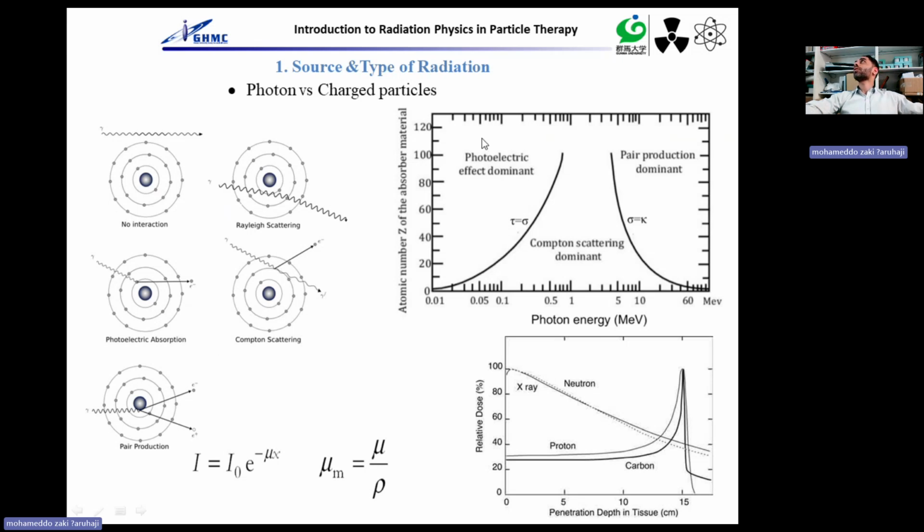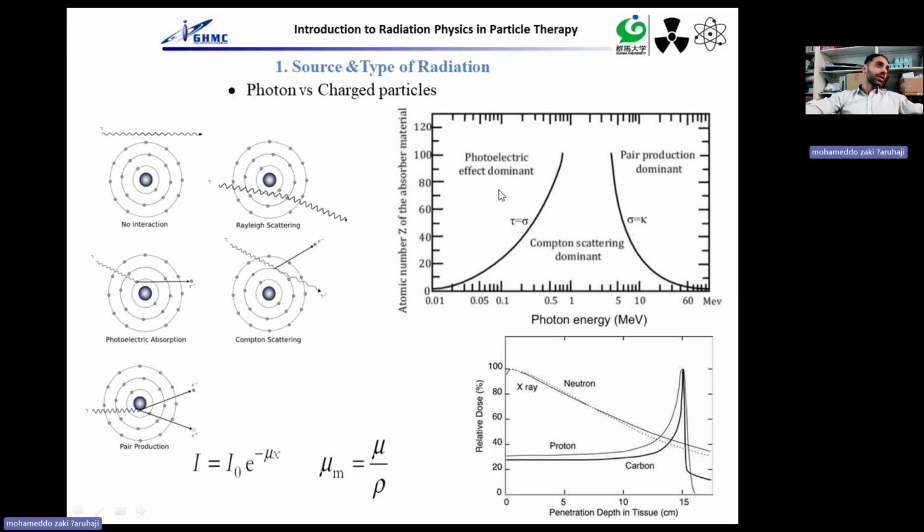For example, when the photon's energy is very low, the probability of the photoelectric effect happening is dominant. When the photon energy is at an intermediate level, the probability for Compton scattering to happen is higher and more dominant. When the photon energy is very high, pair production is going to happen.